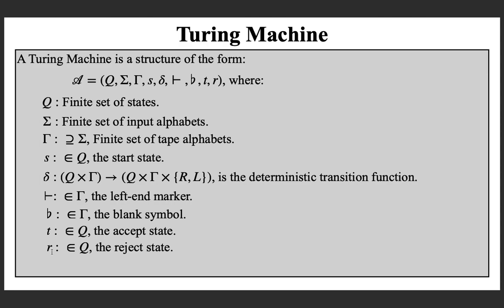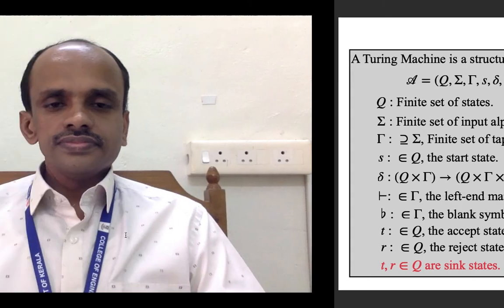So the only component which is not there is the right hand marker. That is the only difference in the formal definition, and note that T and R are sink states as in the case of linear bounded automata.